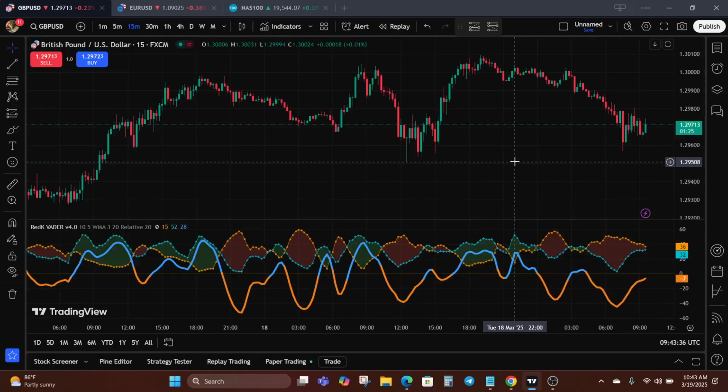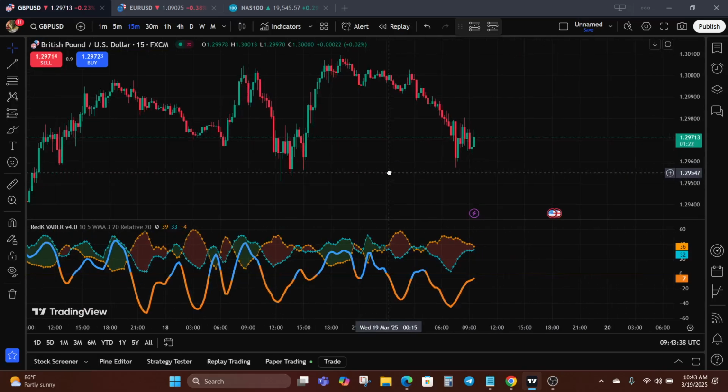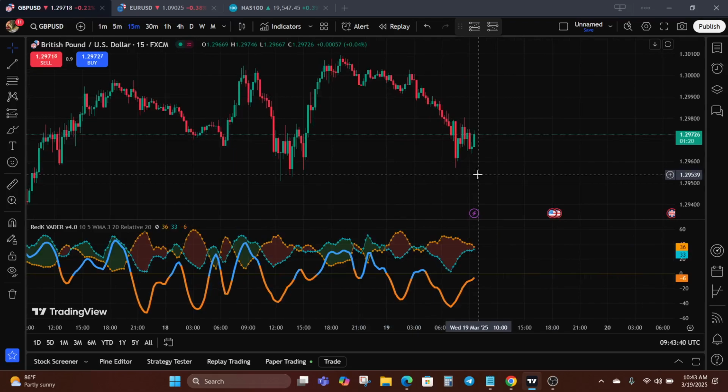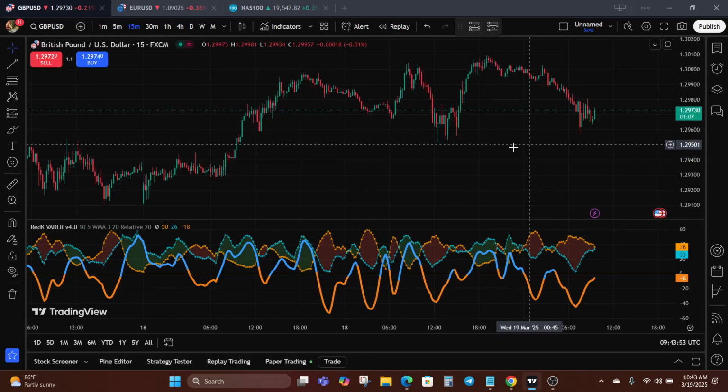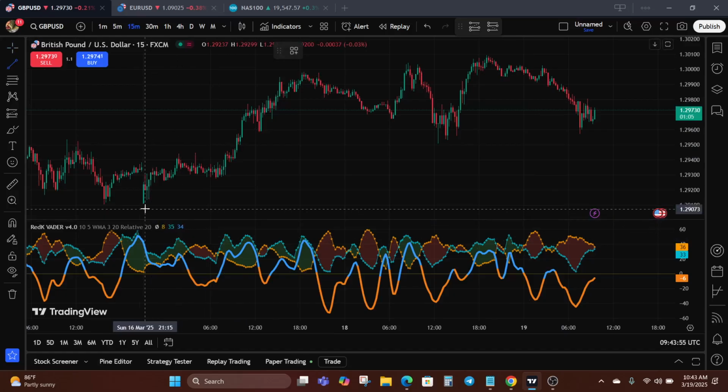Okay, so now let us just look at how this indicator works. All right, let us consider how it works and how you can use it in your trading strategy. First of all, I'm going to recommend using this indicator in trending markets.